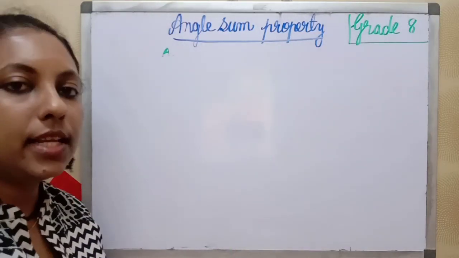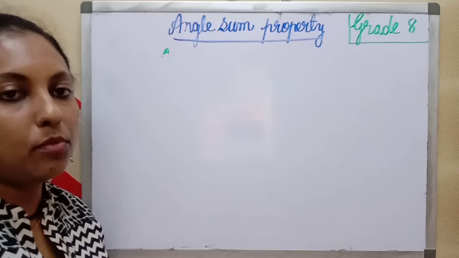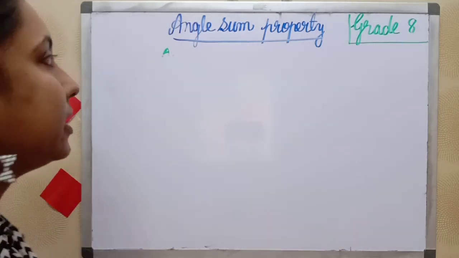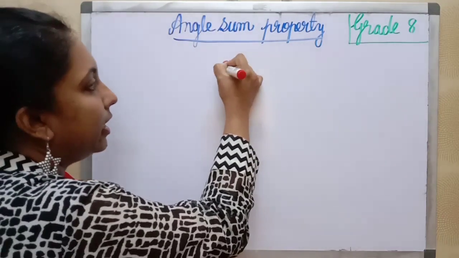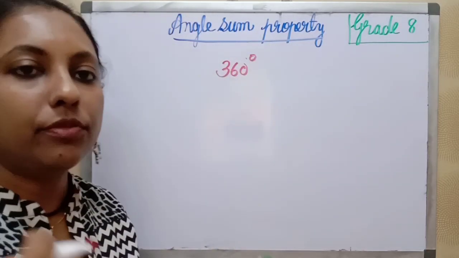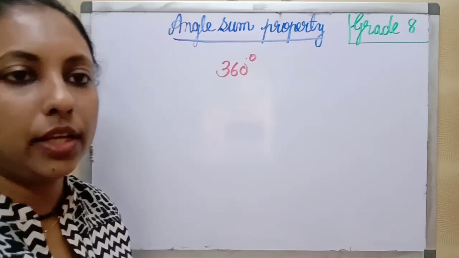Now, the sum of the exterior angles of a polygon. What is that? The sum of the exterior angles of any polygon is 360 degrees, whether it is a quadrilateral, pentagon, hexagon, or any polygon.